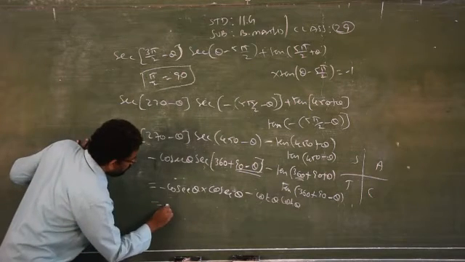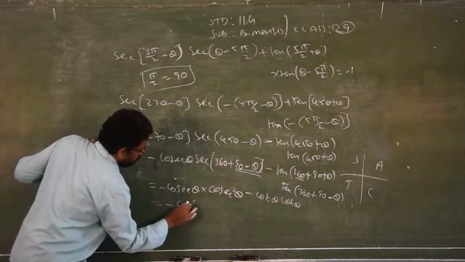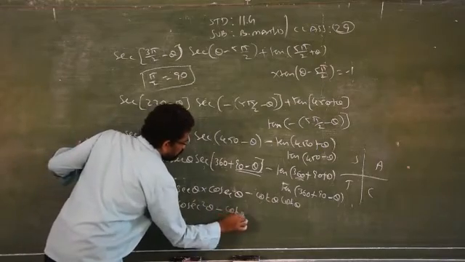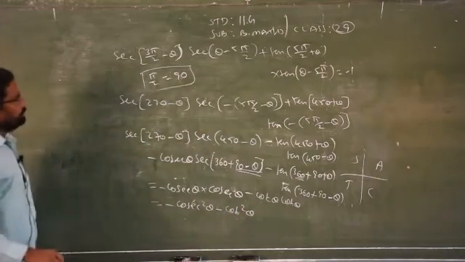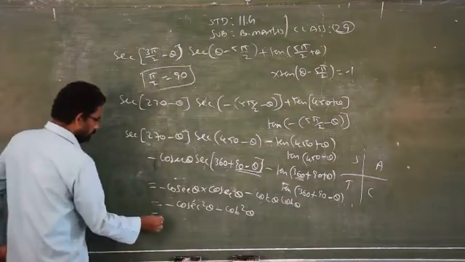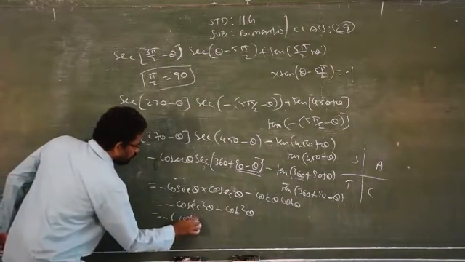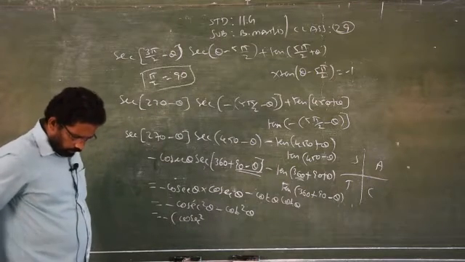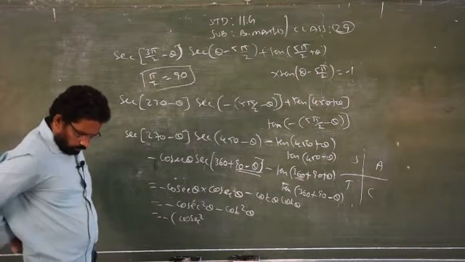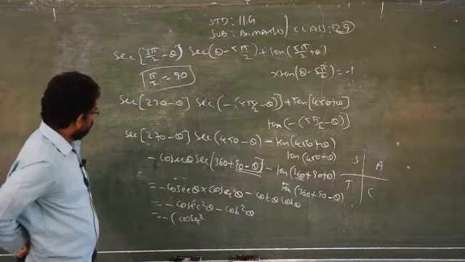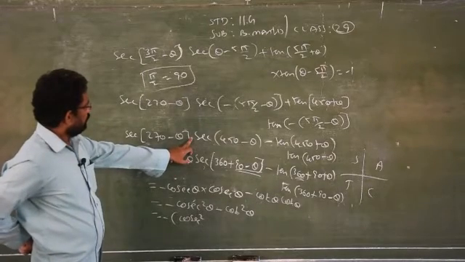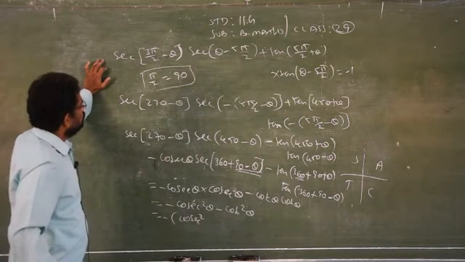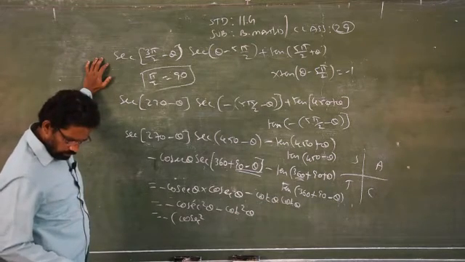So what will be the answer? Minus cosecant square theta minus cot square theta. So you have to prove that one. So you take minus outside, we will get cosecant square theta. Here I left one minus. What is the question?